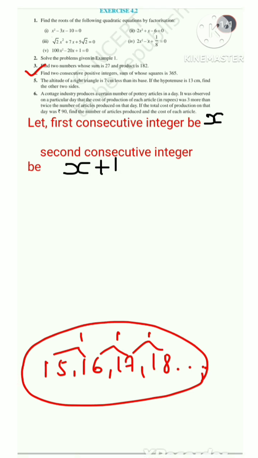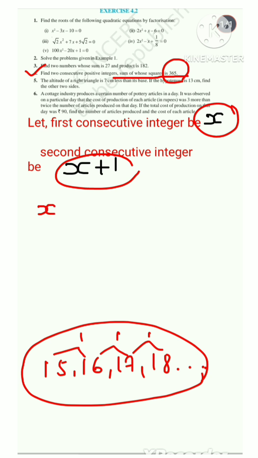Now, according to the question, we can make our equation like this. Here it is written, sum of whose squares is 365. It means the sum of squares of these two consecutive integers is equal to 365. Our first consecutive integer is x, and its square will be x square.